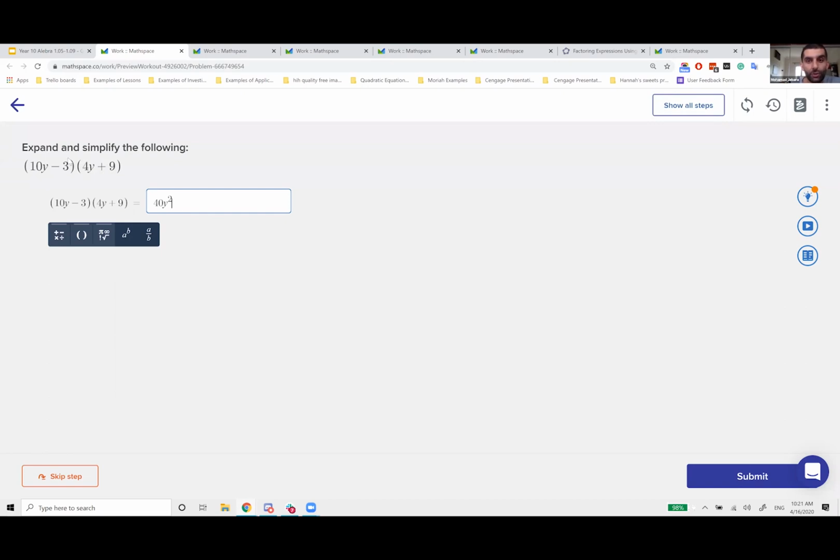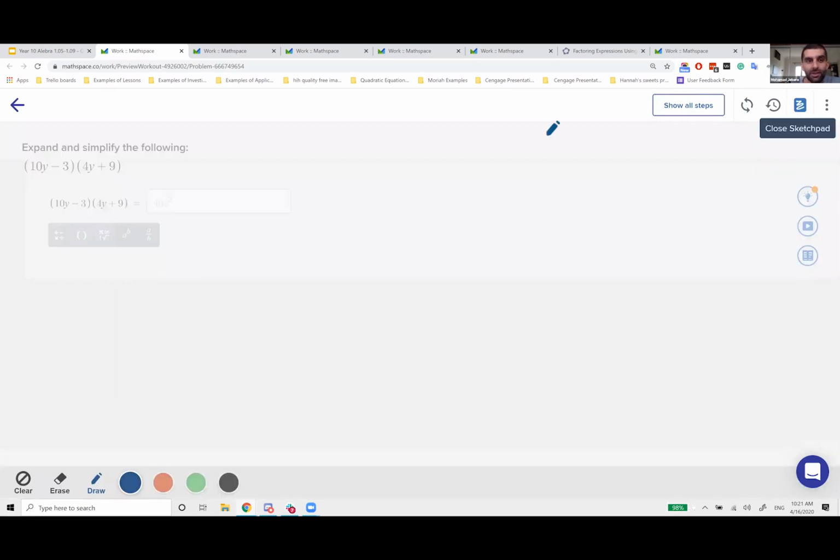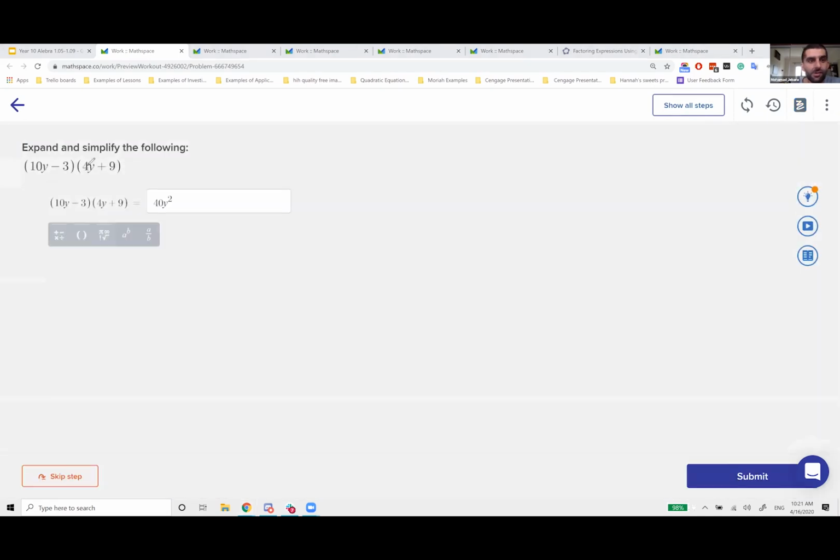Now, the next thing you do, let me annotate. All right, so we've now done that times that.